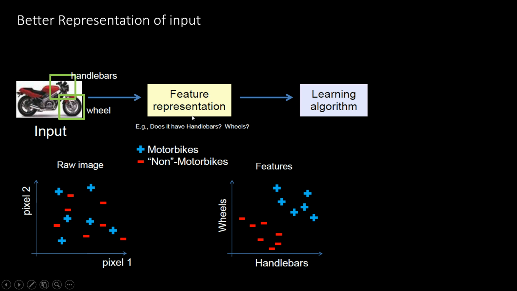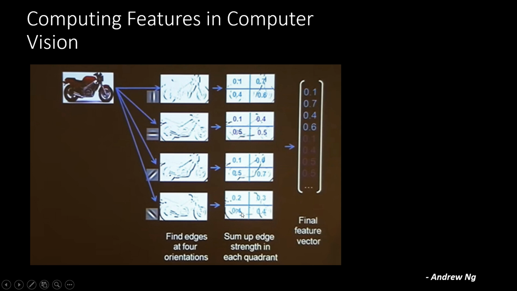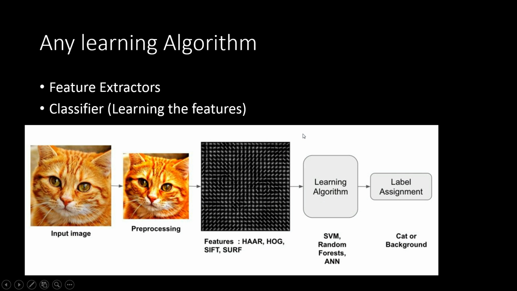We take the image, we take the features, and then we feed them into the learning algorithm, which will learn the decision boundary, like the previous case. The features will be edges, maybe this kind of edges, and we'll represent them in some feature vector.